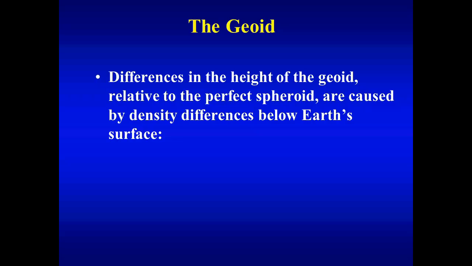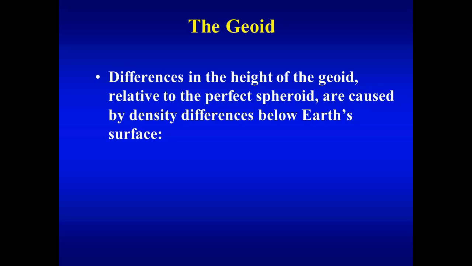This example, but theoretically, if all those other elements didn't exist, you would assume that if it's strictly gravity, then the geoid is pulled down below the perfect spheroid in places where there's a greater gravitational attraction. And conversely, the geoid pops up above the perfect spheroid in places where there's less gravity.